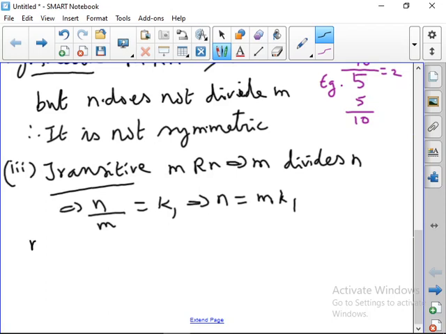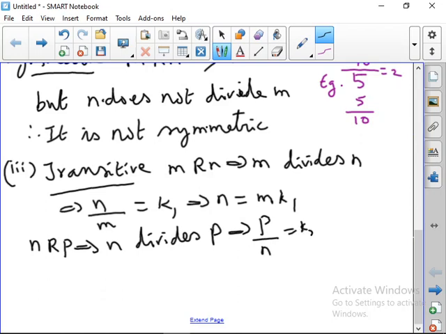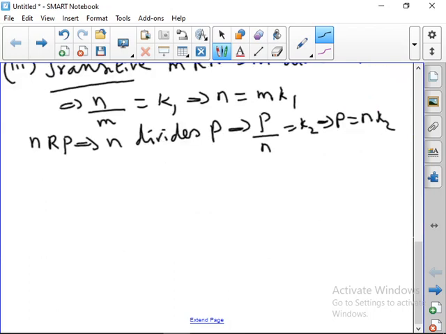Now n related to p, now what do you have? n divides p. Now n divides p means p divided by n is equal to k2. So what do you have? p is equal to n k2. But n is m k1. So, m k1 into k2, which is equal to m into a constant.